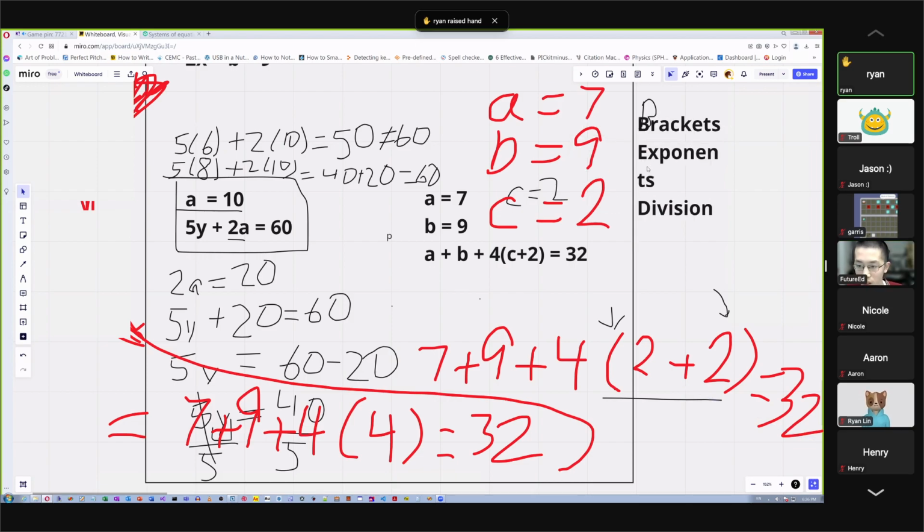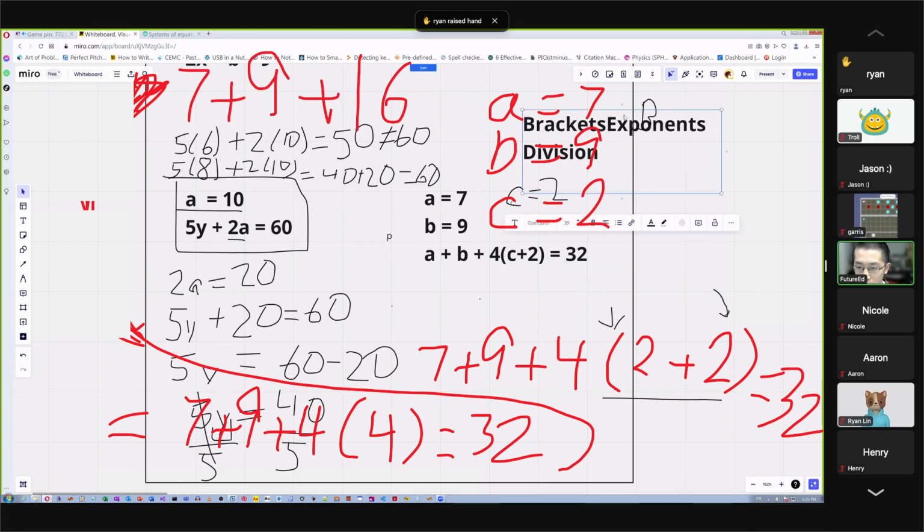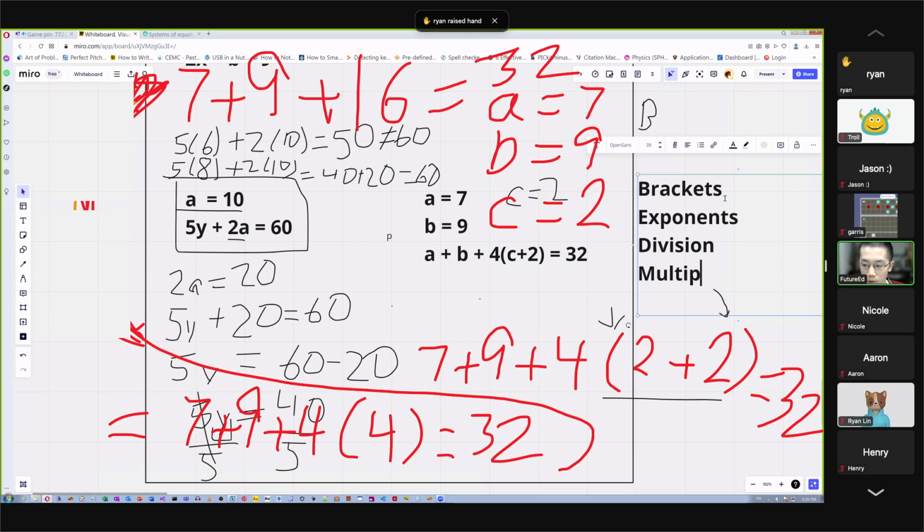There is no division in here, so it doesn't really matter for us. So we have brackets first, exponent second, division, and then relevant to us right now, we have multiplication fourth, which is what we're doing right now, right? So what's after multiplication? I think you just did the multiplication. 4 times 4 is indeed 16. What do we have next?